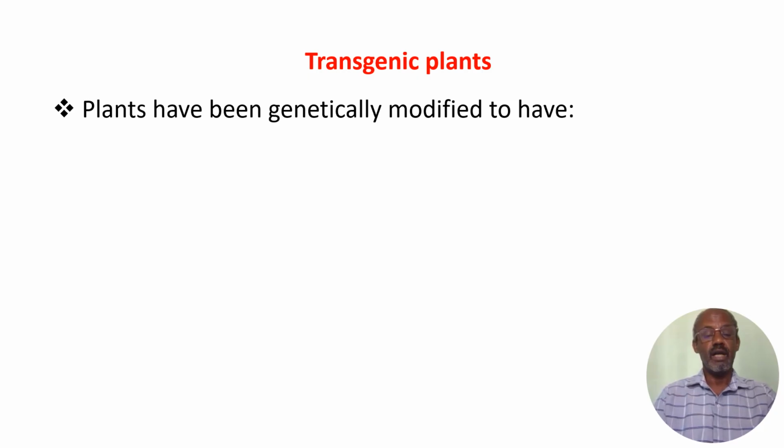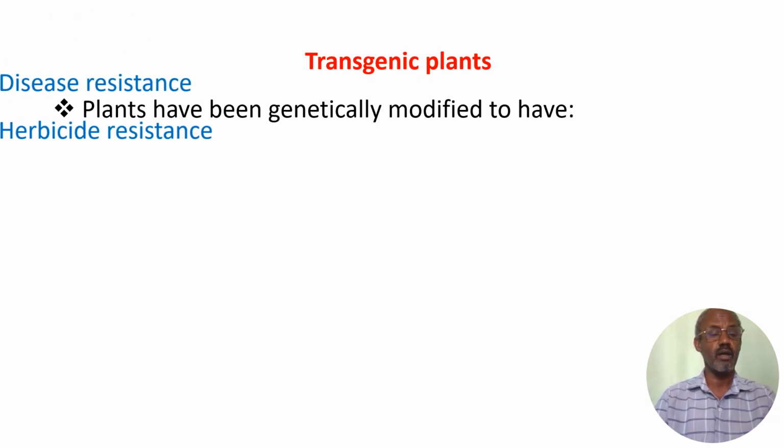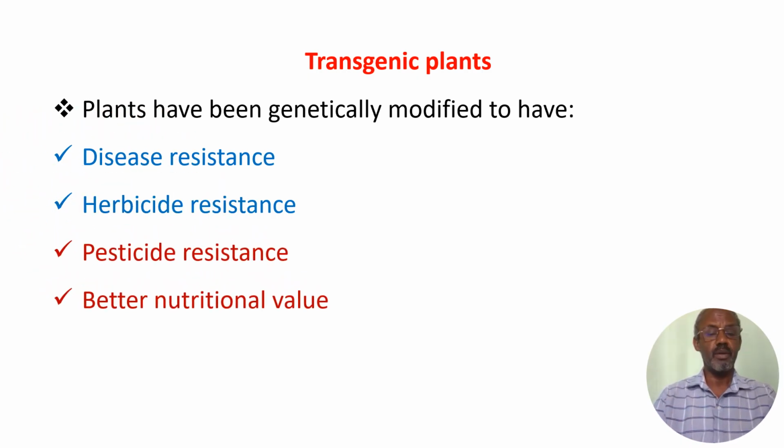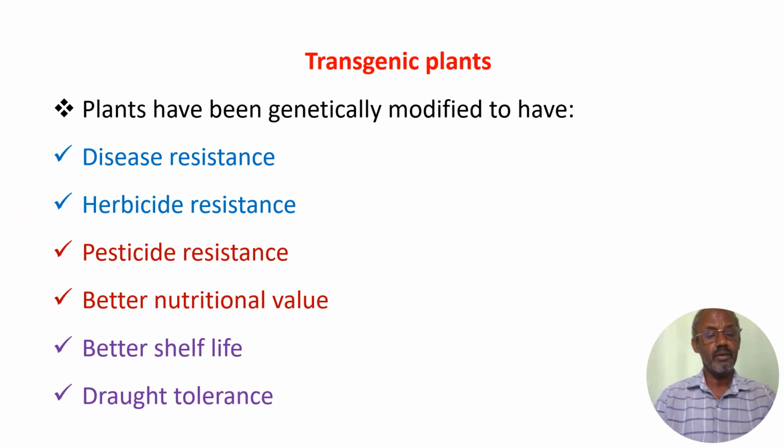And one aspect of biotechnology as applied to agriculture is the production of transgenic plants. Transgenic animals, of course. Therefore, transgenic plants have been genetically modified to have features like disease resistance, herbicide resistance, and pesticide resistance, better nutritional value, better shelf life, and also drought tolerance.